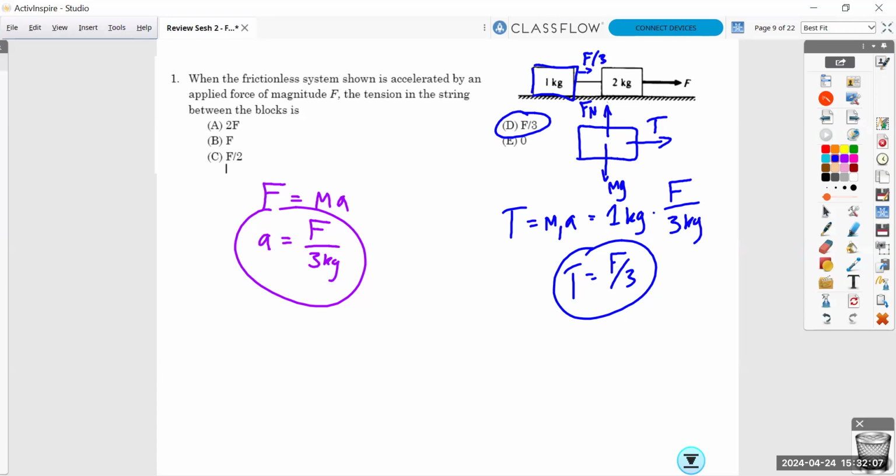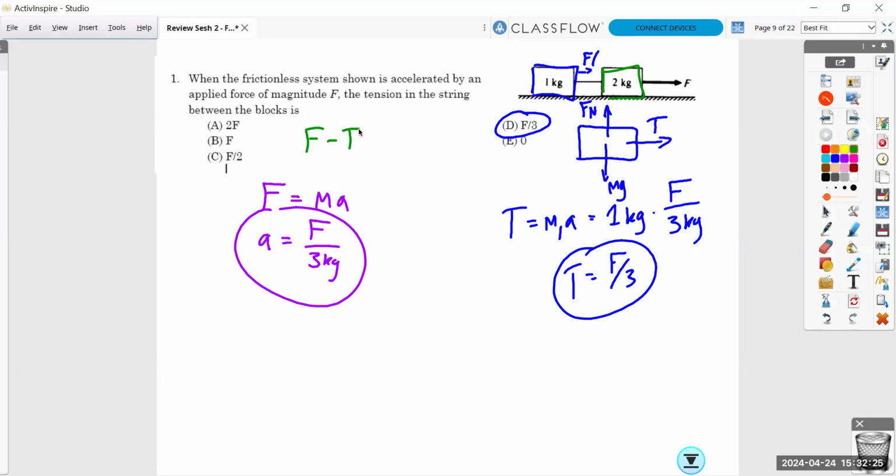What I think is neat about this is, let's imagine that we had instead talked about the 2 kilogram box. The 2 kilogram box is a little bit more complicated to do. The 2 kilogram box has 2 forces on it.